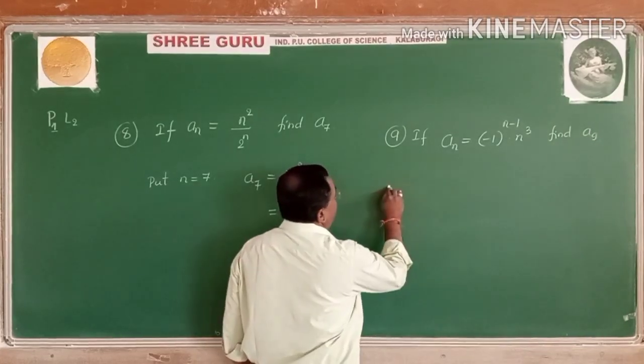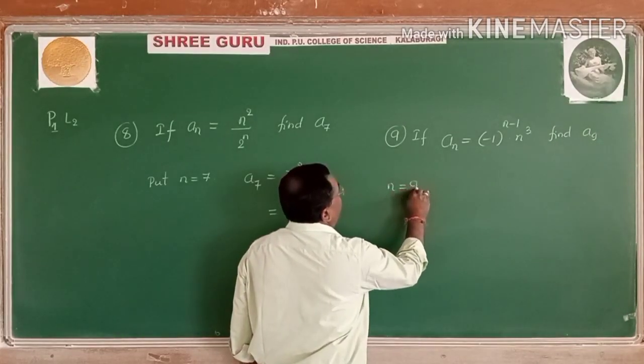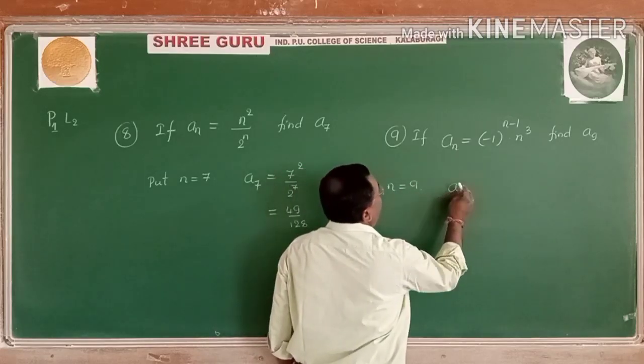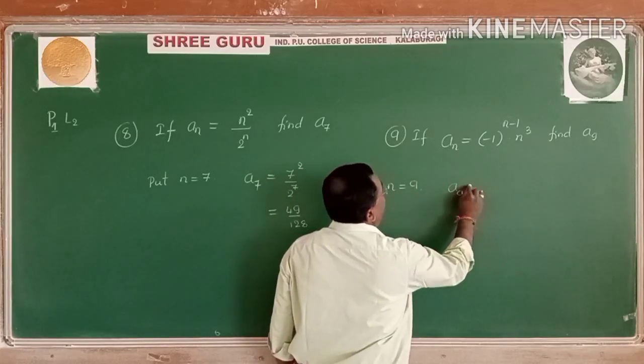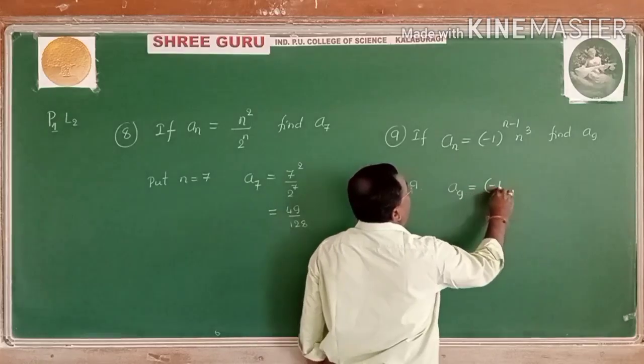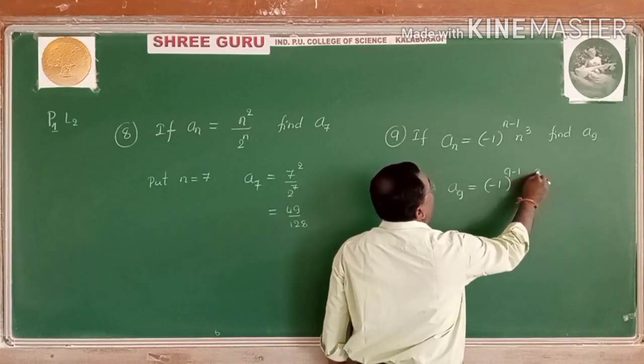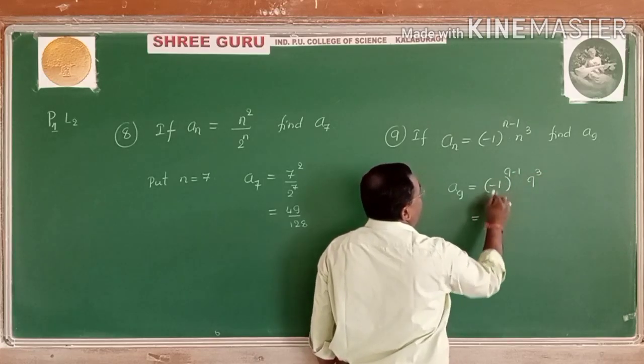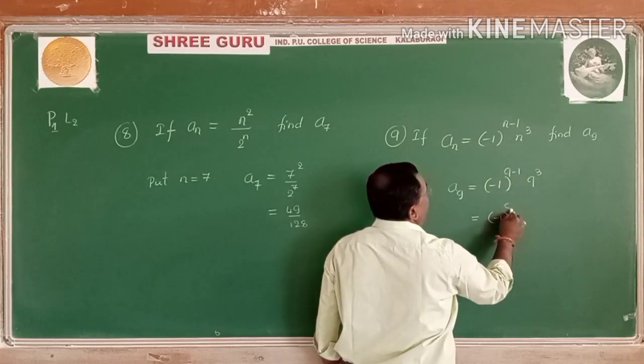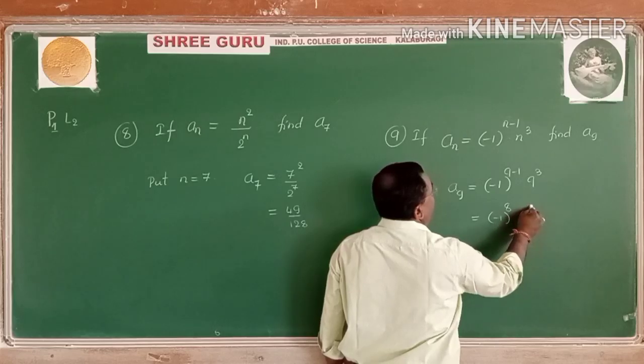Here, take n is equal to 9. The ninth term is minus 1 to the power 9 minus 1 into 9 cube, that is minus 1 to the power 8 into 9 cube.